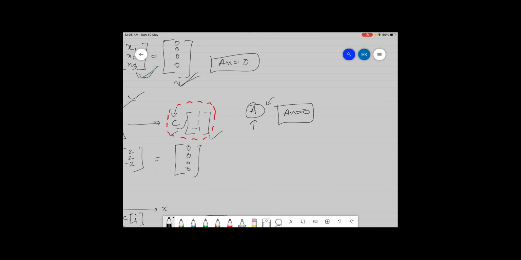So I told you to find out for the rectangular cases, because for an independent 3 by 3 matrix or 4 by 4 matrix, the null space is only the 0 vector, 0 0 0.